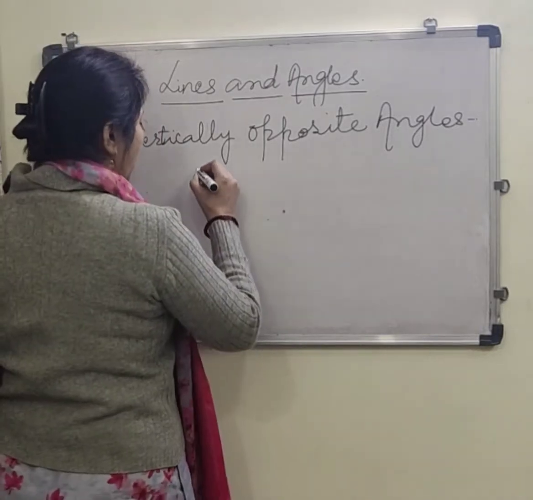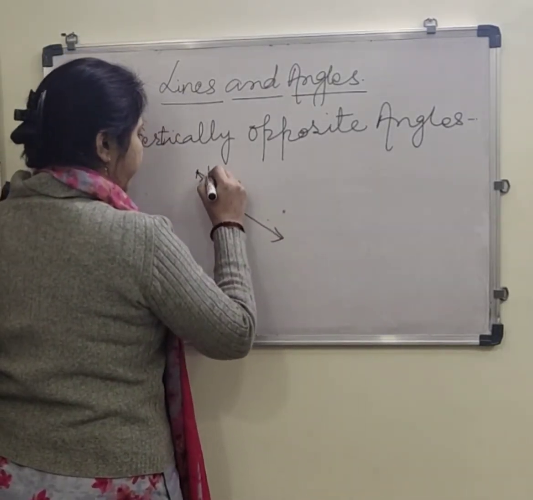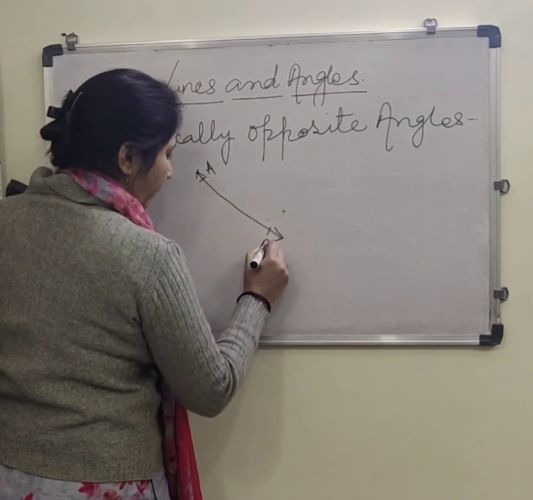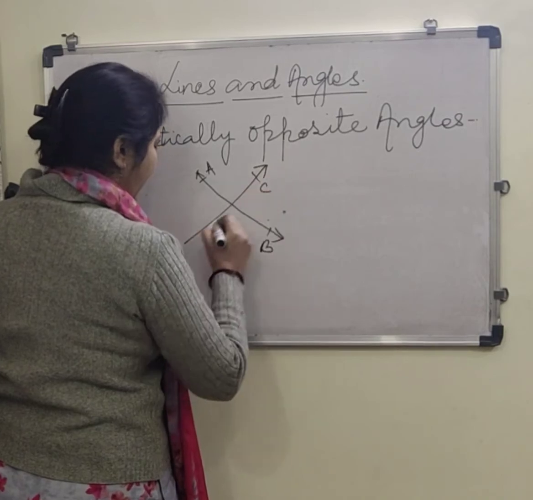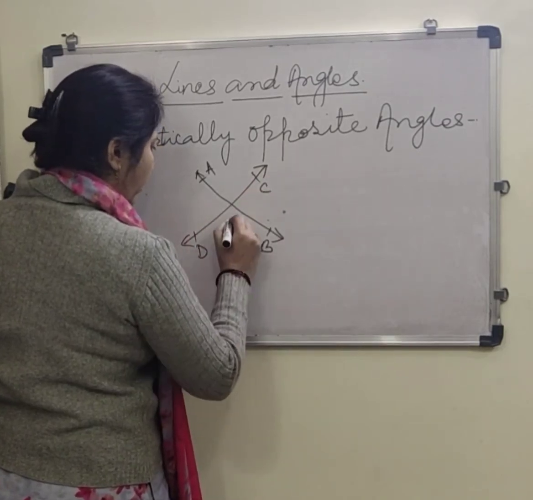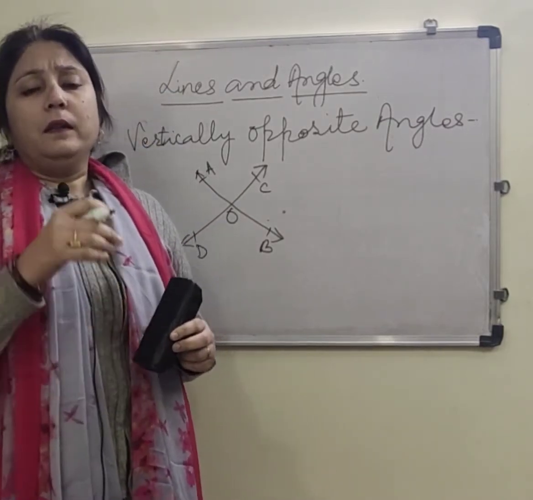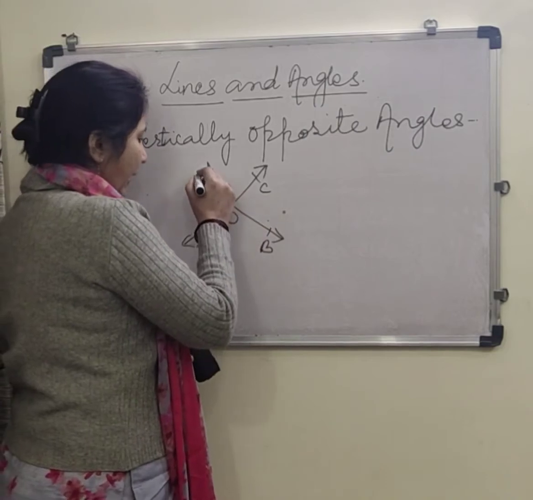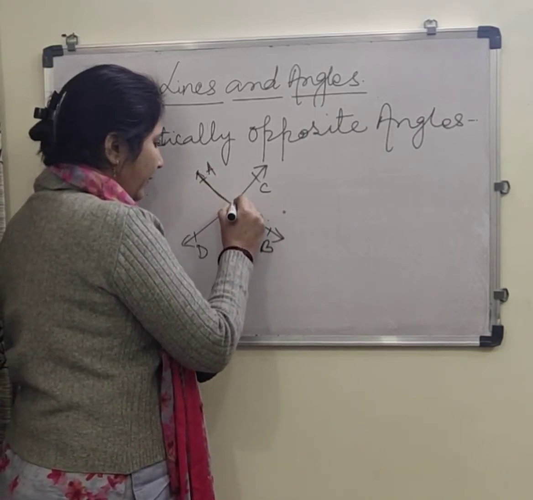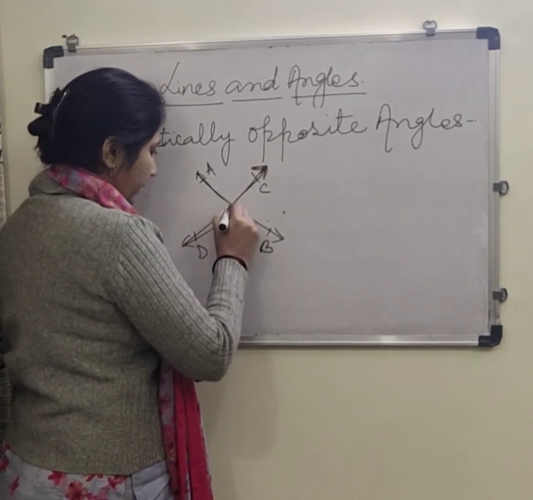Say we have two lines, a line AB and another line CD. They are intersecting at point O. So you can see the way they are intersecting and the angles which are there back to back.